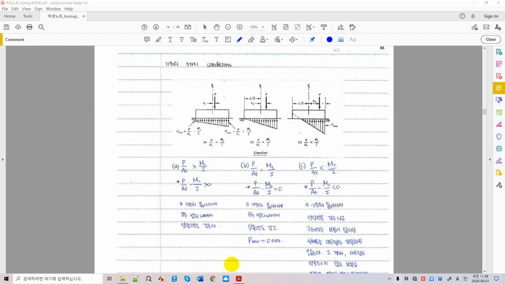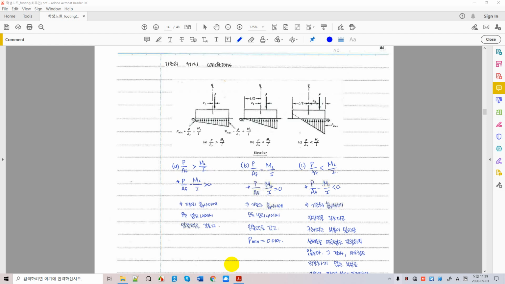Now, we are looking at 3 types of stress acting on the foundations. Understanding the stress on the shallow foundation is very important to design rebars and details on the shallow foundation.